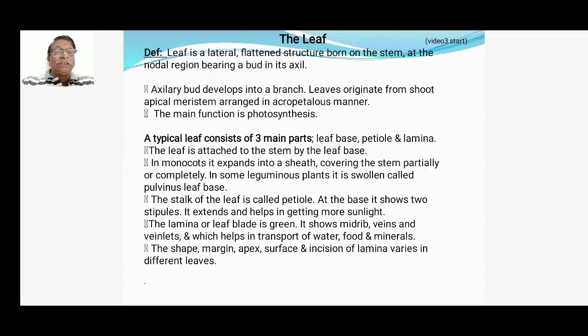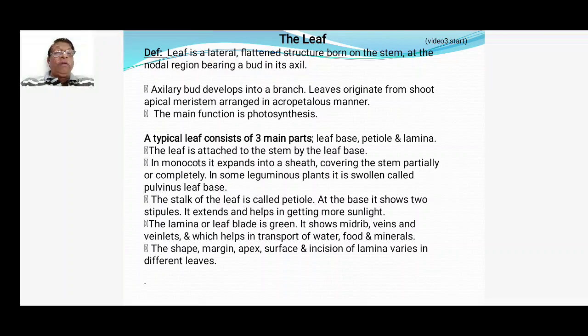At the base, it shows two leaf-like structures called stipules. Stipules are not leaves, they are leaf-like structures.